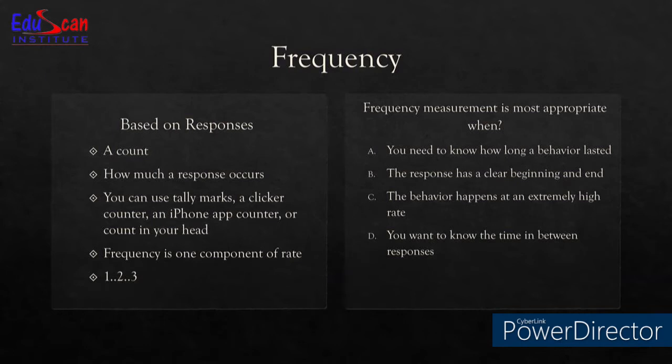Again, rate is not our focus when we are counting the number of occurrences. D. That you want to know the time in between the responses. Certainly not, because in frequency, we are not looking at the time between the responses. So frequency is a very important component and an important tool of measurement.